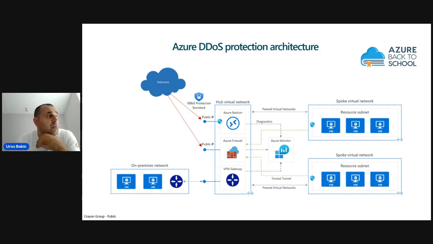That is included in my DDoS protection strategy, along with forced tunneling between Azure Firewall and my resource subnet with my virtual machine. And of course, I have peering of the virtual network between the hub and spoke topology I mentioned, and that is how we understand the basic architecture regarding this option.